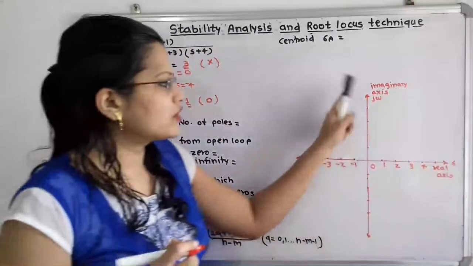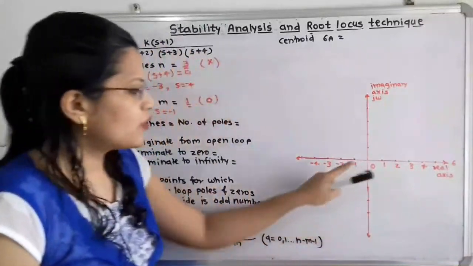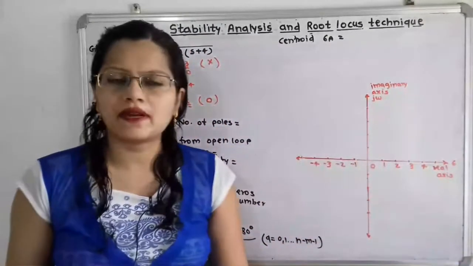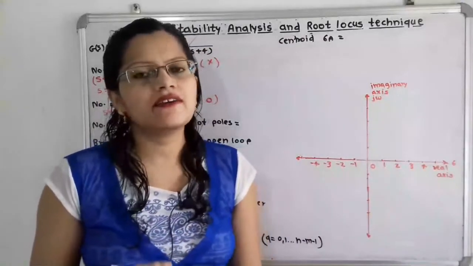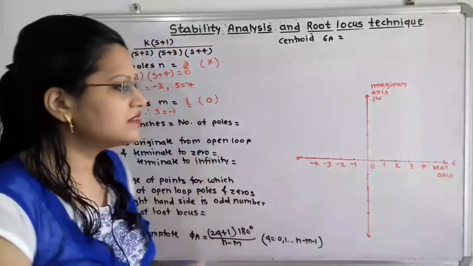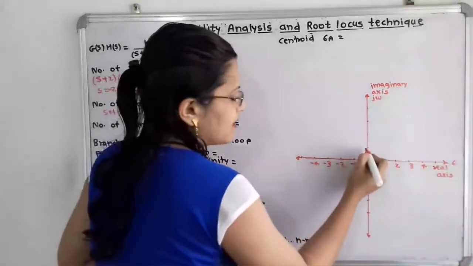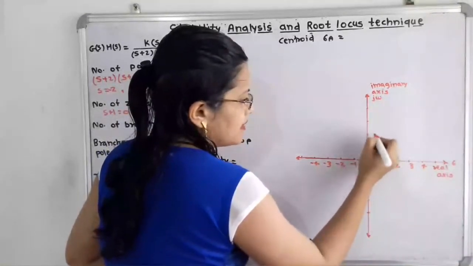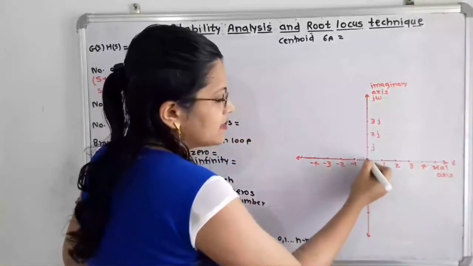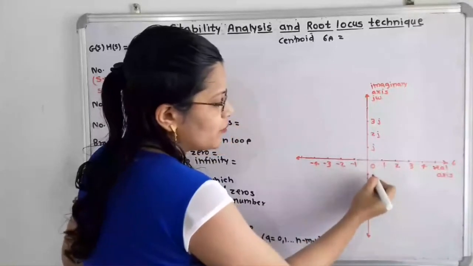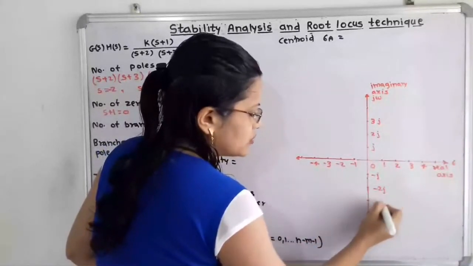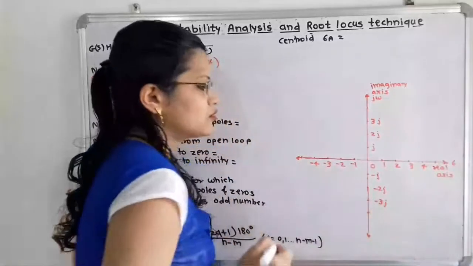Now for the imaginary axis, above the origin we take the positive sign and write the values in terms of j because this is the imaginary axis. So I will write j, 2j, 3j and so on. In the same way, below the point 0 we take the negative sign, that is -j, -2j, -3j and so on.